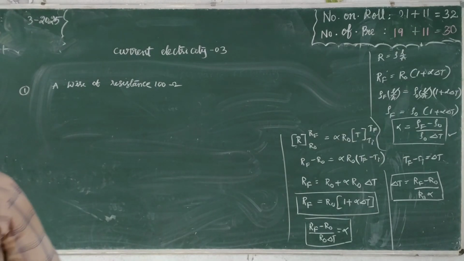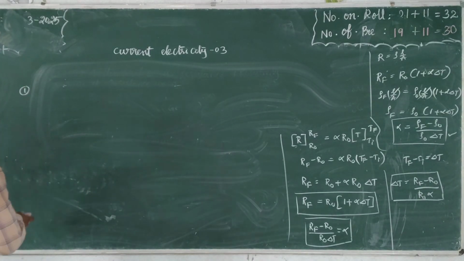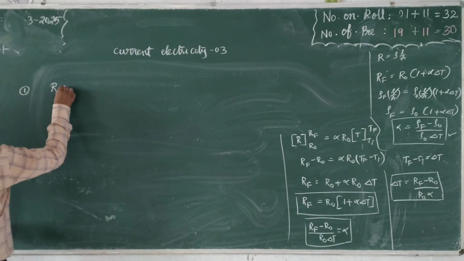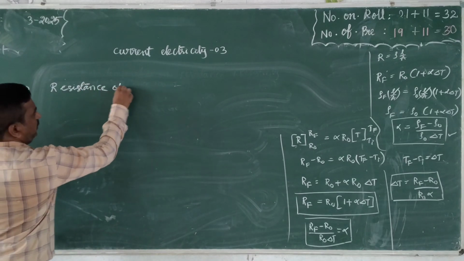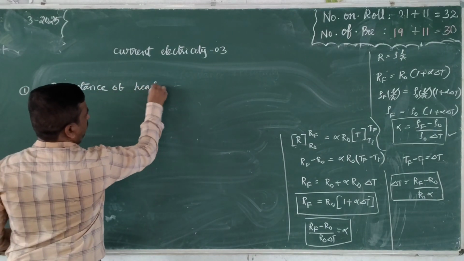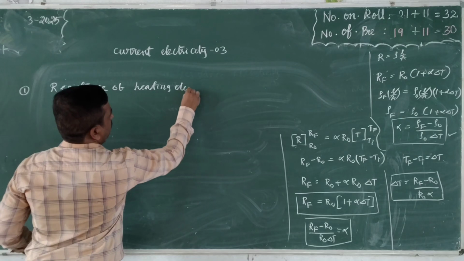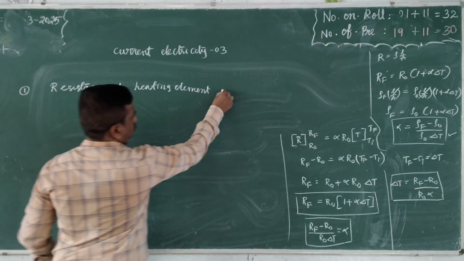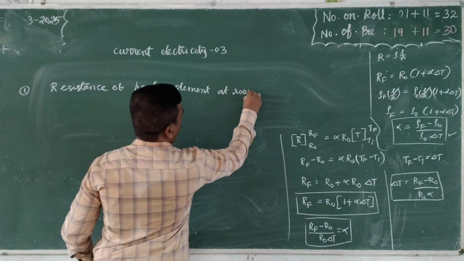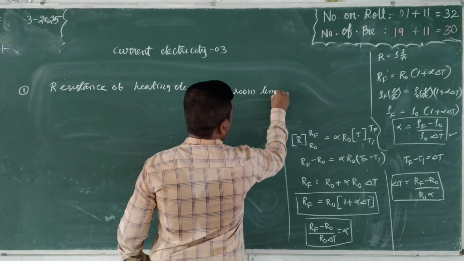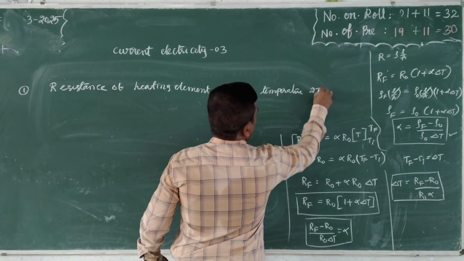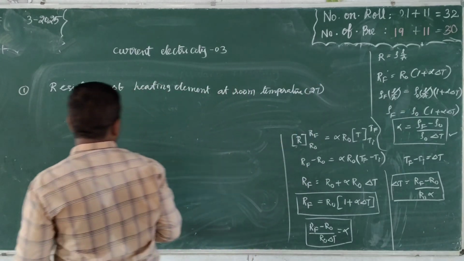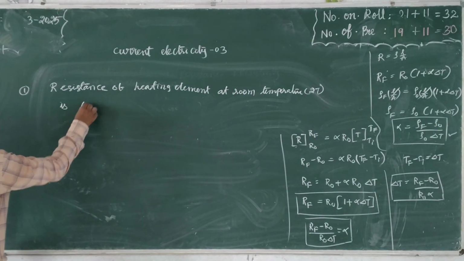What's the problem here? The resistance of the heating element at room temperature, 27 degrees, is 100 ohms.